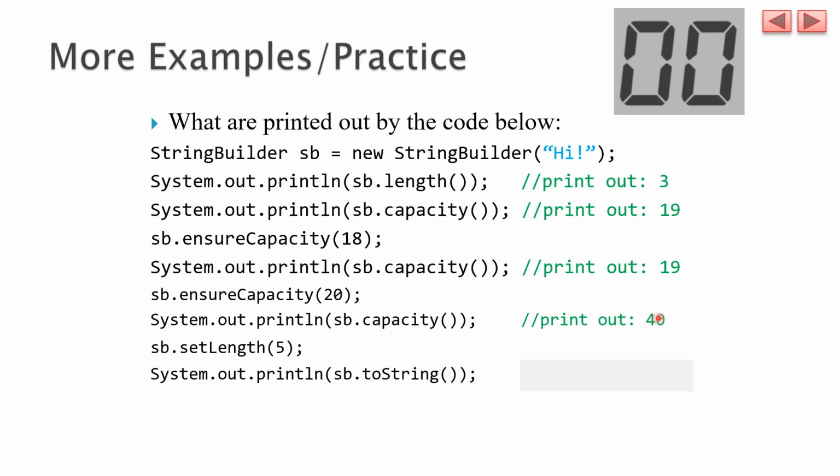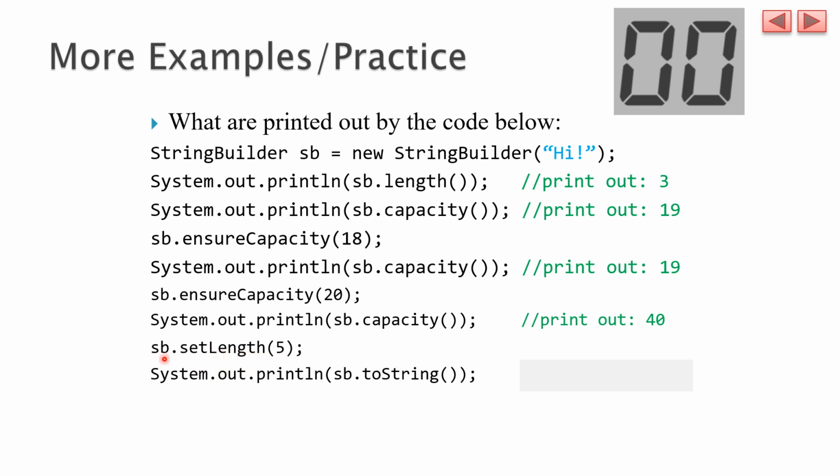So there is a somewhat complex rule for how much capacity it gives when the specified capacity is larger than the current one. So it's not always equal to the specified capacity. This one is just the minimum capacity.